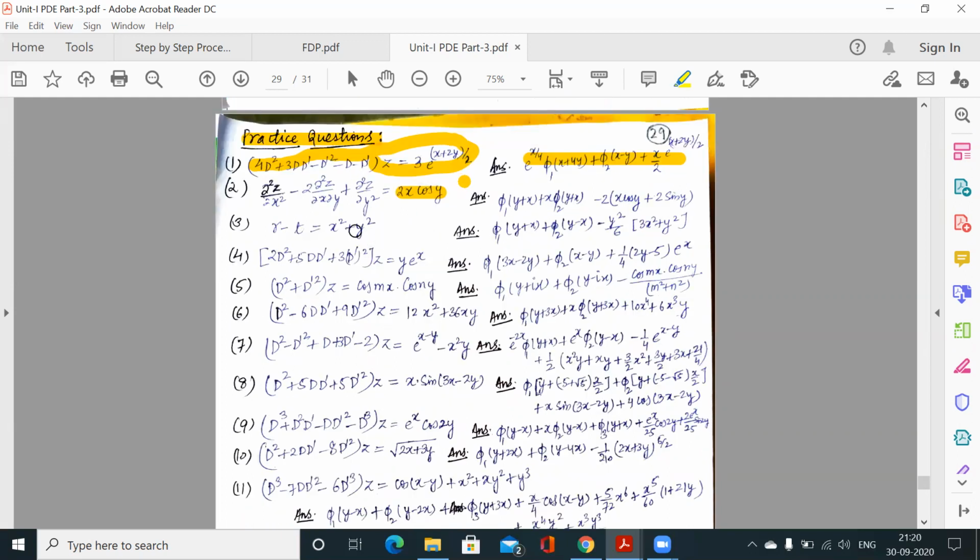This is x square plus y square, so this is the polynomial case. This is 2x cos y, so this is not in cos form or polynomial form, this is a product of two functions, and this is not e to the power ax plus by into a function, this is x into cos y.